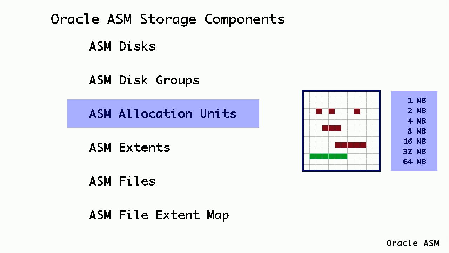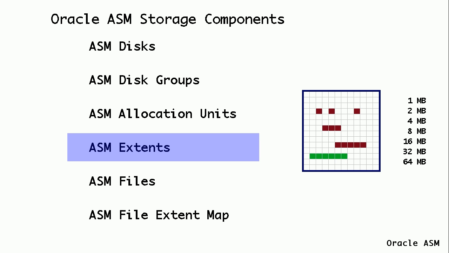Allocation unit size cannot be changed after creation of an ASM disk group. Allocation unit can be of various sizes depending on ASM disk group's compatibility setting. Larger allocation units can provide higher performance for larger sequential reads in data warehouse applications.